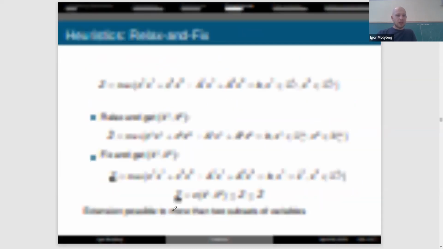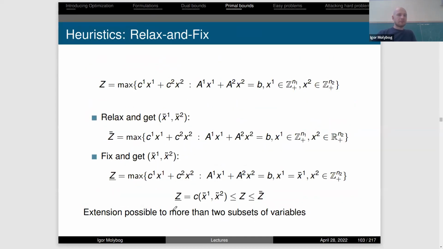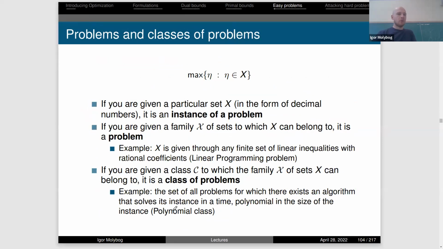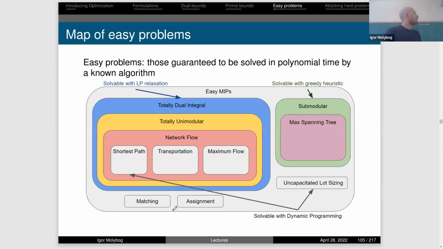Okay, so after we have considered the primal bounds, we have switched to looking at the examples of problems that are solvable via simple polynomial time algorithms.